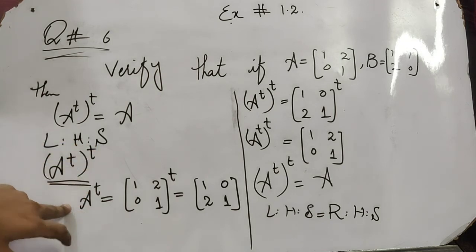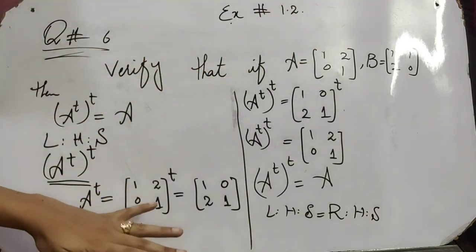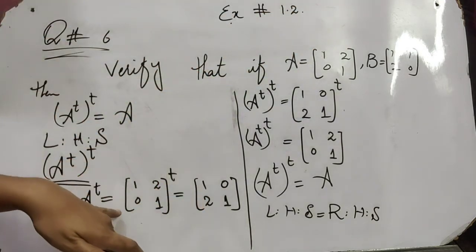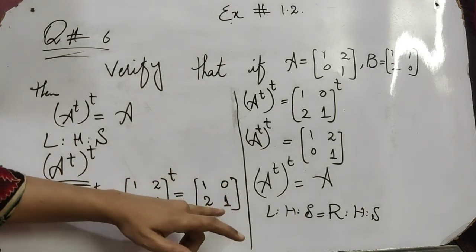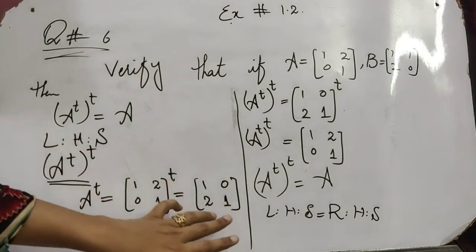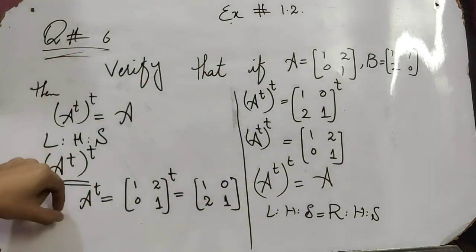First we find A transpose. What is A? A is 1, 2, 0 and 1, and we take the transpose of this matrix. It becomes 1, 2, 0 and 1. This is the A transpose. Now we will find the transpose of A transpose.